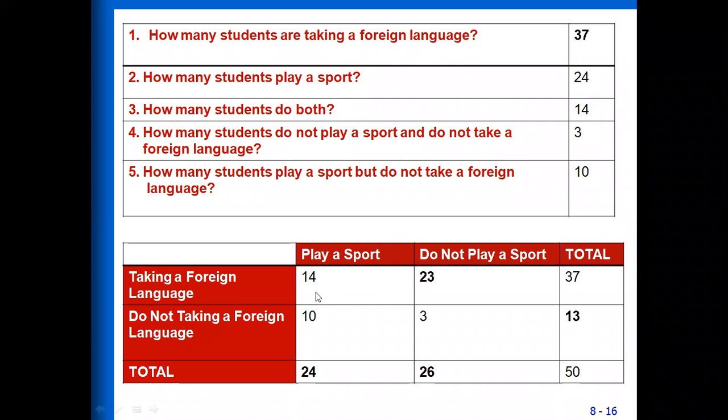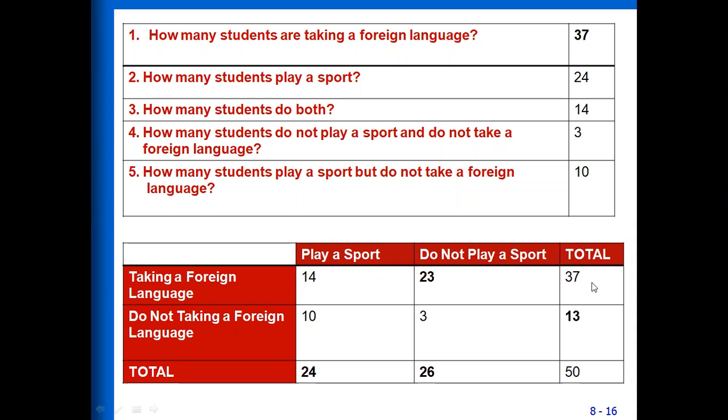And we can categorize this data in the form of a table like this. Firstly, we will take two categories of sport habits, that is, students play sport and do not play sport. Then students have knowledge of foreign language, or they take foreign language as a subject, or they do not take foreign language as a subject. 14 students take foreign language as a subject and they also play sport. 23 students have taken foreign language as a subject and they do not play sport.